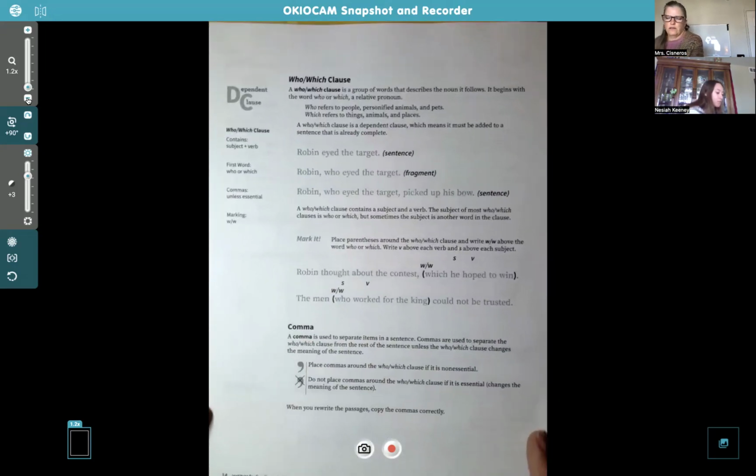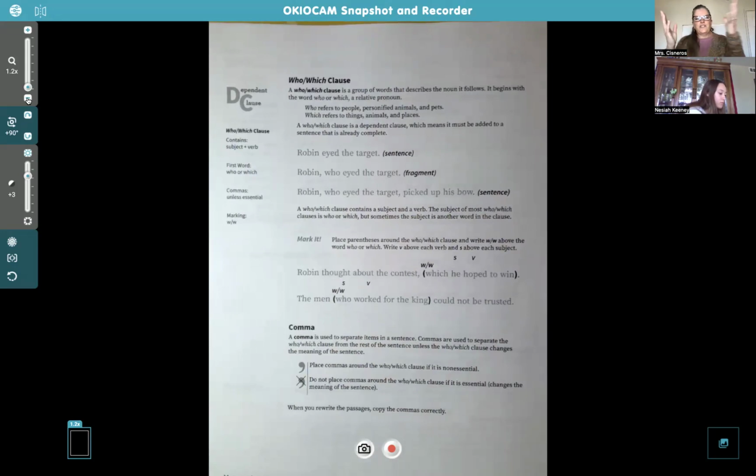This is 14. The who, which clause. That's, I think, already on your checklist, or it's coming. Remember that from last year. So a clause does have a verb in it. And these start with who or which. They can also start with whose or whom. Those are two other ways to start a who, which clause.